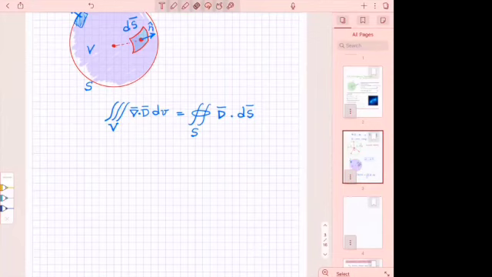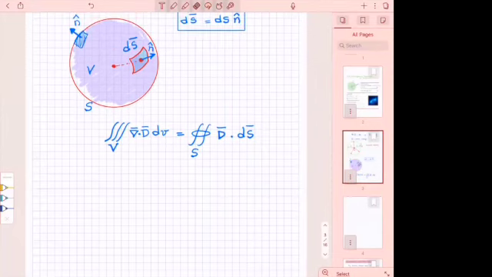On the surface of the sphere, let's assume we have the surface S. On the surface of the sphere, all the electric field values, the magnitude, are the same, because obviously the surface has the same radius from the center. And therefore, on this surface S, D is constant.